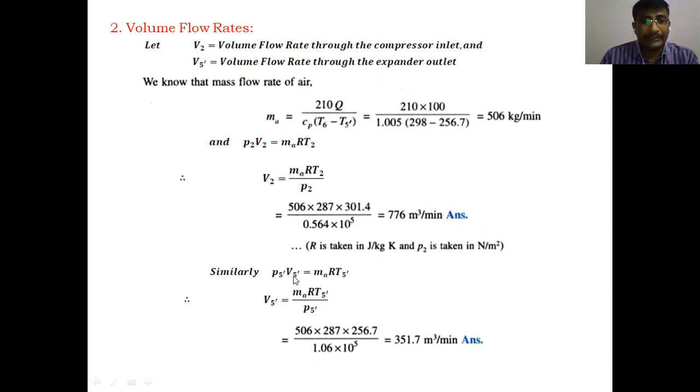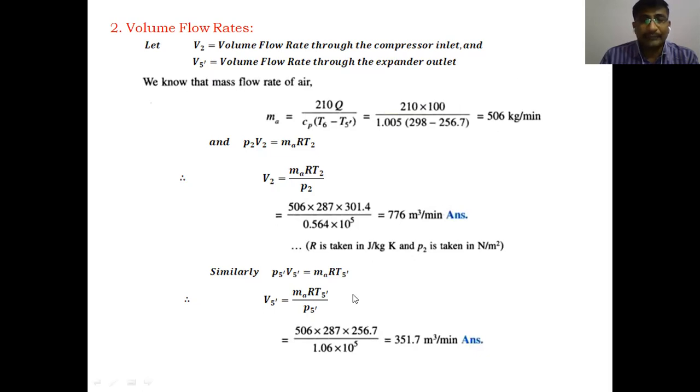P5' into V5' is equal to MA into R into T5'. This is the PV equals MRT equation at state 5'. Therefore, V5' is equal to MA R T5' divided by P5'. As we know, the mass of air entering the compressor is also entering the turbine. Both are equal.